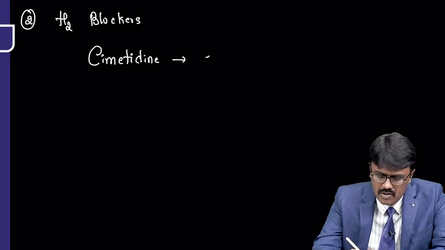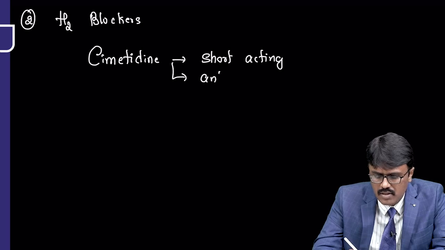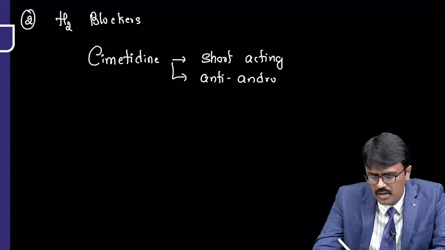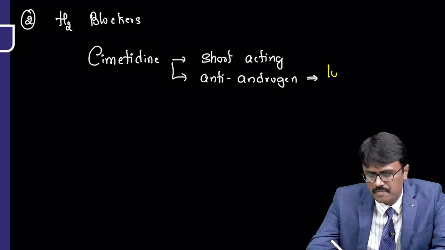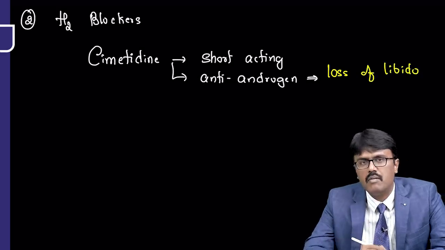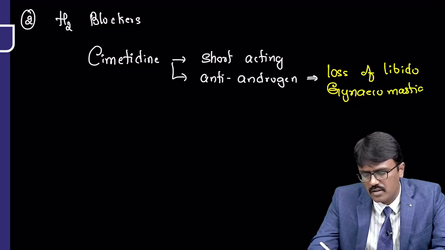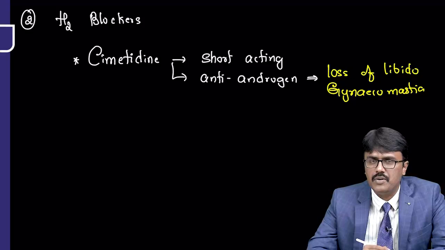The problem is it was short acting, and it has anti-androgen property. So what happens if you give it to a male patient? He starts complaining of loss of libido. And one more problem is gynecomastia, because of the anti-androgen effect. So that's the reason this drug is outdated. We don't use it nowadays.